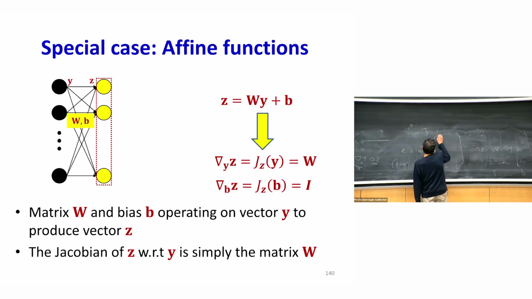So I say delta z equals something times delta b. If I perturb b a little bit, z changes. So what is this term that multiplies delta b? It's just an identity matrix because every perturbation of b results in an identical perturbation of z. So the derivative of z with respect to b is an identity matrix. Everybody with me? Right. Okay.